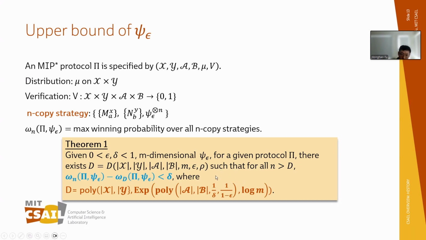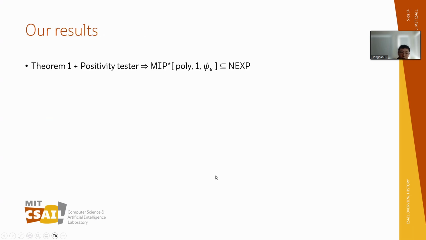So with theorem 1 and a positivity tester, we can give a NEXP algorithm for MIP star with noisy EPR pairs. This NEXP algorithm is going to determine whether the accept probability of this MIP star protocol is above or below a certain threshold.